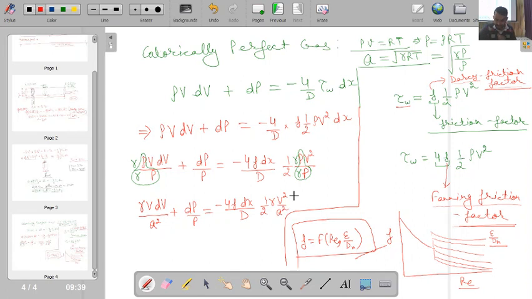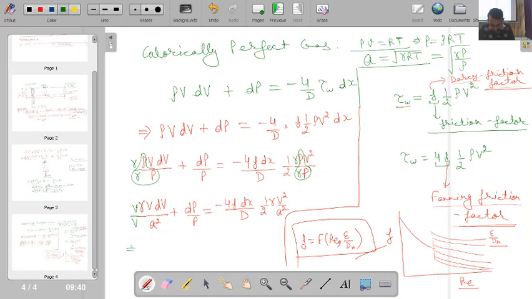Now what I will do, because if I see the first term of this equation, in the denominator I have a square and in the numerator I have only v. So I will here multiply and divide with v. If I multiply and divide with v, in the numerator also I get v square. V square by a square will become nothing but the Mach number.